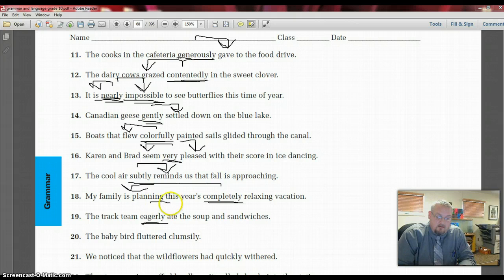Eagerly ate. Number 20. The baby bird fluttered clumsily. Clumsily is the adverb. Fluttered is the verb. So that was 11 through 20.